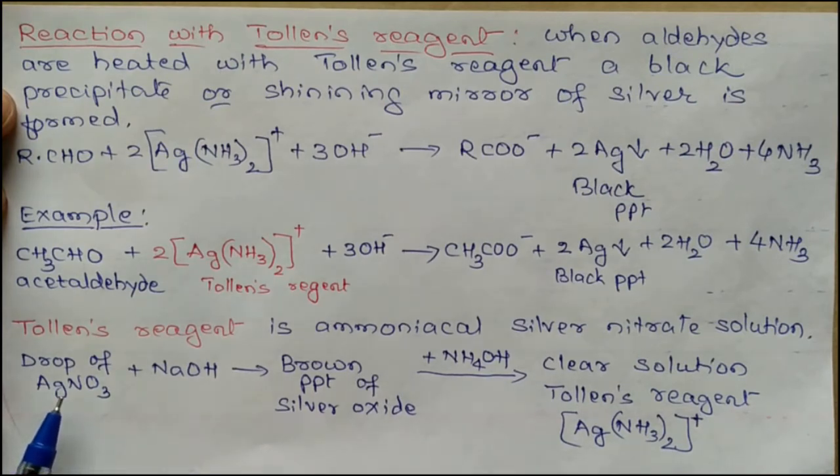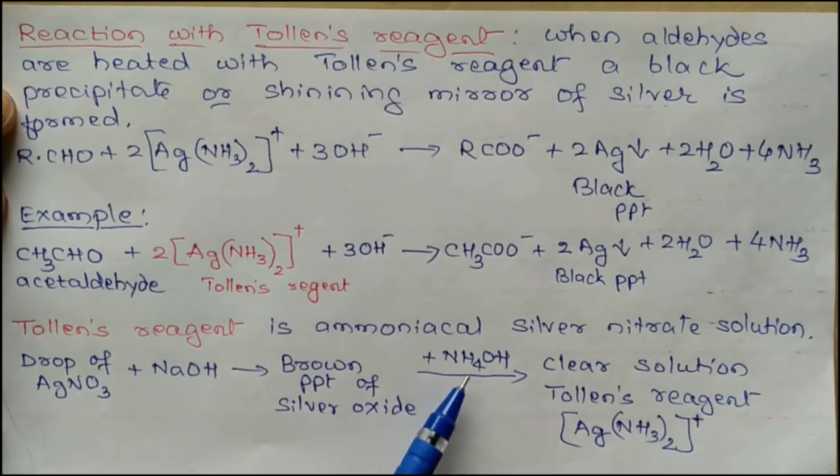First take a drop of silver nitrate, add sodium hydroxide, and you get a brown precipitate of silver oxide. Then dissolve it with a minimum amount of ammonium hydroxide, and you get a clear solution. That clear solution is known as Tollens reagent. The active species present is [Ag(NH3)2]+.